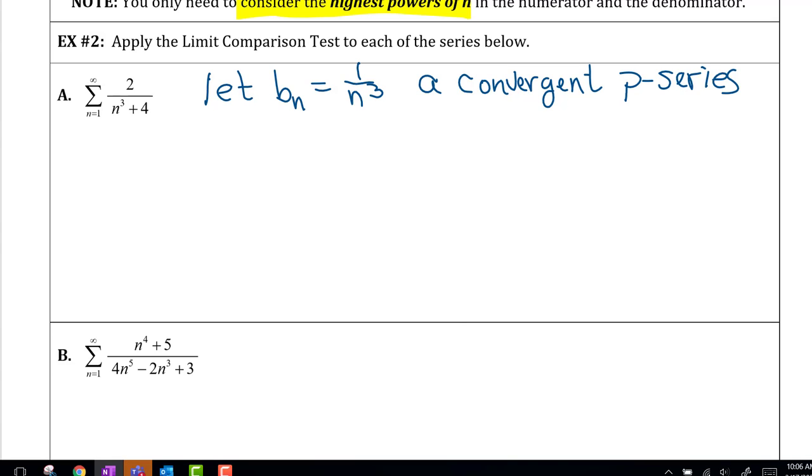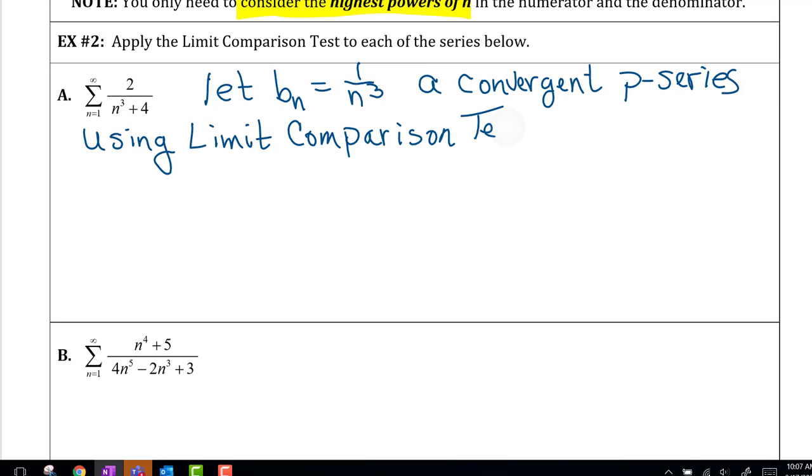Then I'm going to use the limit comparison test. I'm going to take the limit as n approaches infinity of the term that I'm trying to determine the convergence of, divided by the one I know about.